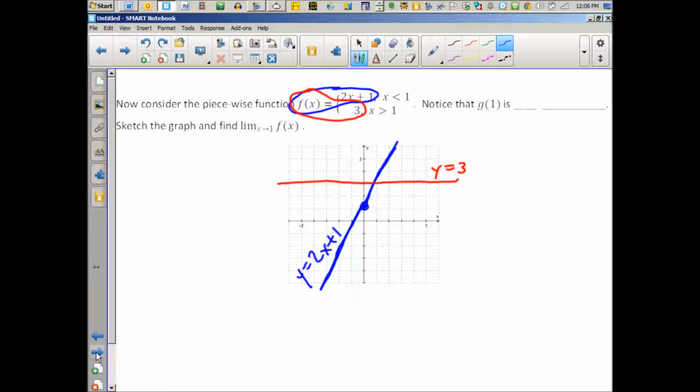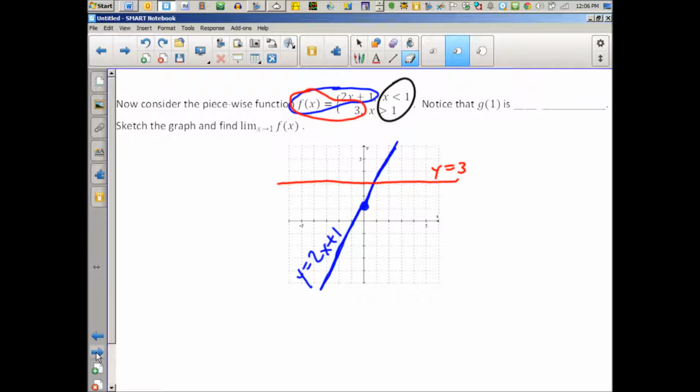But everything sort of changes flavors at x equals 1, see? So remember what this means. This x less than 1 means you're not really supposed to draw the entire blue line. You're only supposed to draw the part that's to the left of 1.